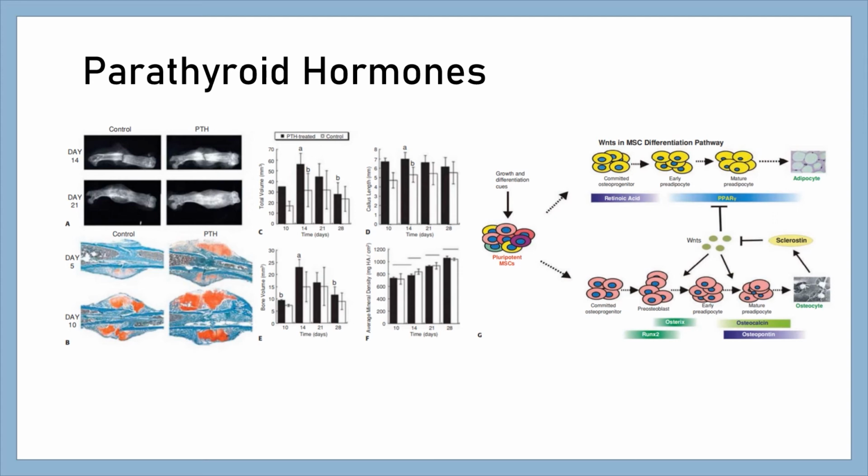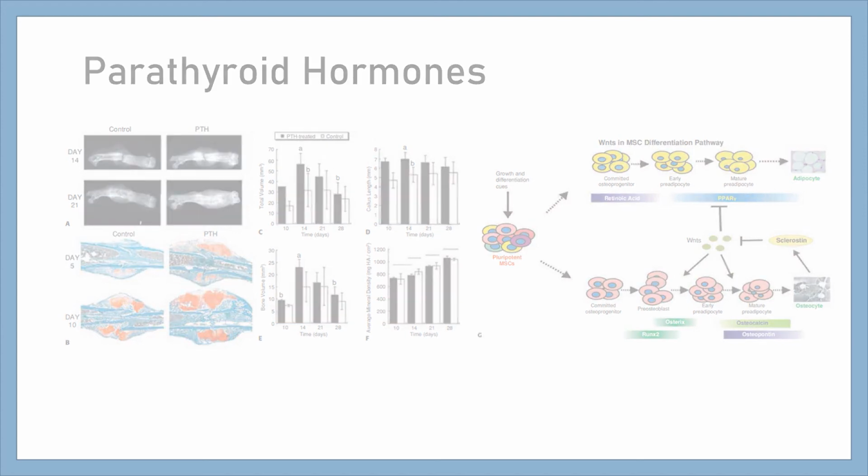Radiographs examine callus formation in the femurs of rats 2 and 3 weeks after injury. Safranin O staining of fracture slices 5 and 10 days after injury; chondrogenic cells are stained red in C, D, E, and F. Micro-CT analysis of callus and bone volume and mineral density.